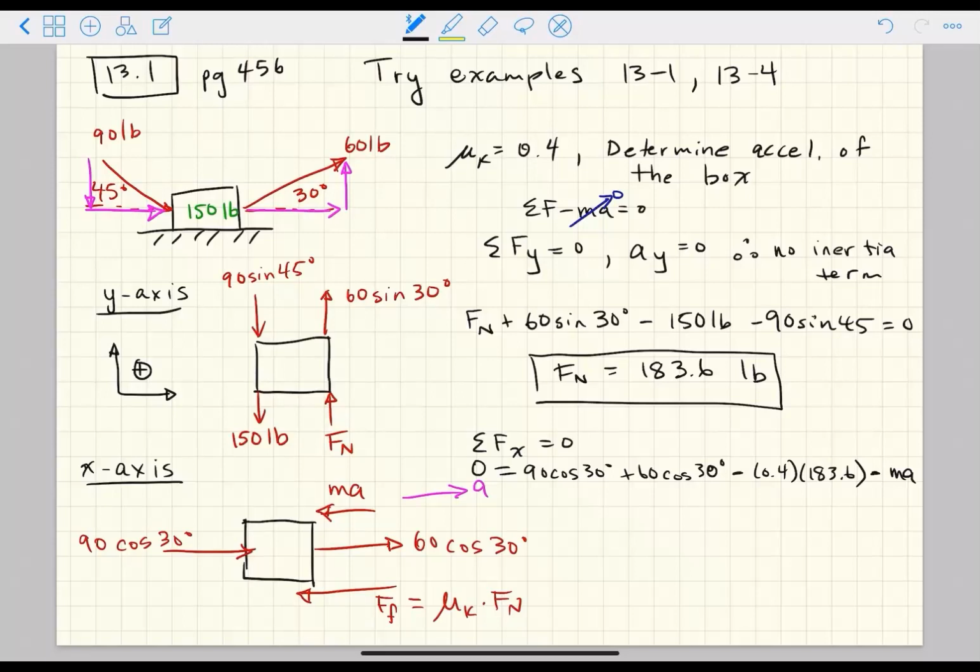So ma is the term we want to solve for, but really what we want to solve for is a, and more specifically ax, right? The acceleration in the x direction. So the question is, do we have a mass? That really would be the only thing that's missing here, right? If we have the mass, then we can solve for the acceleration. Well, the mass is not 150 pounds. Remember, that is the weight.